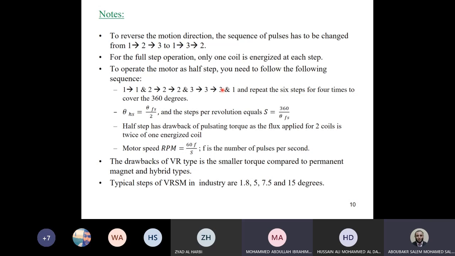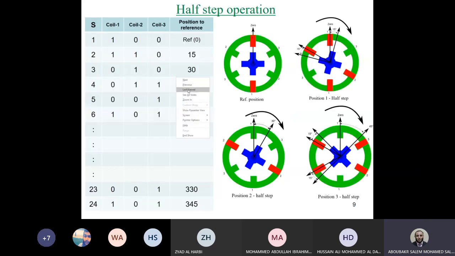So as a summary for the half-step operation, we operate the machine as coil number 1, coil 1 and 2 together, and then coil 2, and so on. This makes the half-step operation. In order to reverse the machine direction, let's return back to the full step operation.